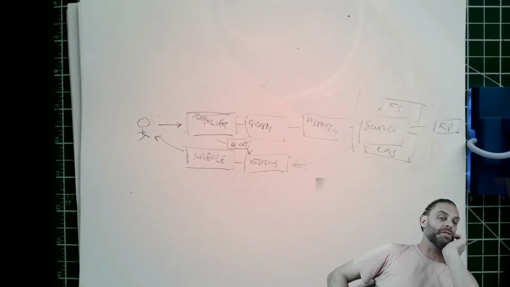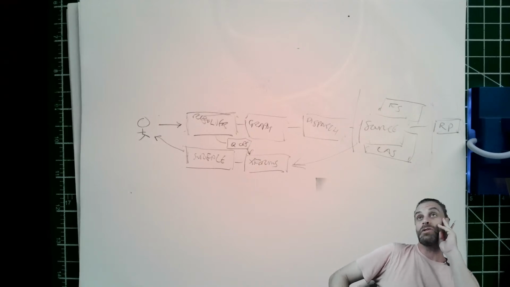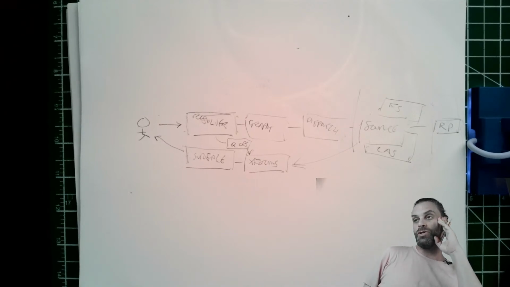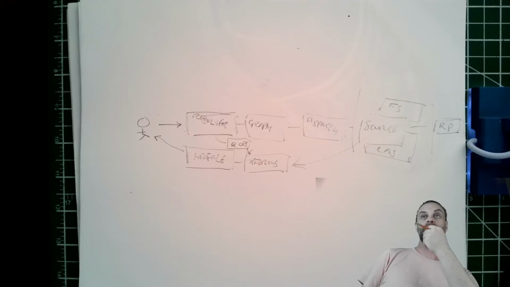A reverse proxy could be cached, but the actual origin of the information resource could be somewhere else. So an origin source would be like it's on this guy's hard drive.